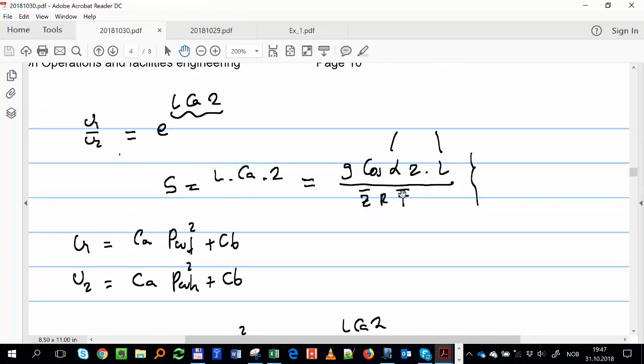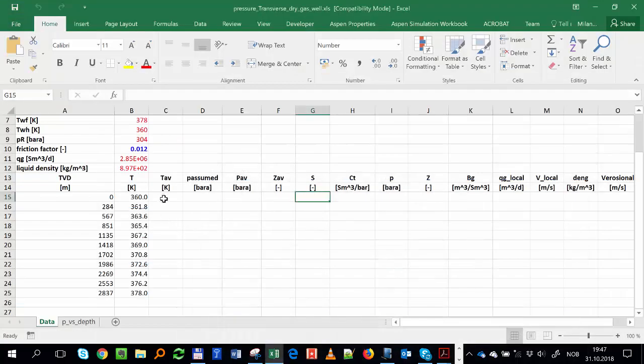So I suggest first we calculate the average temperature. Remember, there will be an S and a CT for each segment, so we need the average temperature of that segment. How do I calculate that?